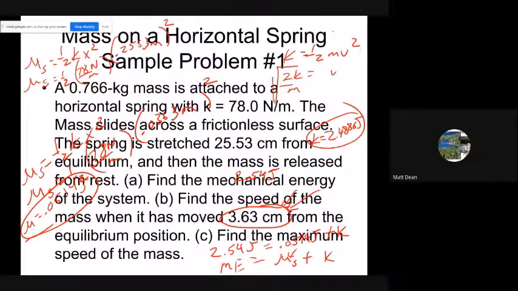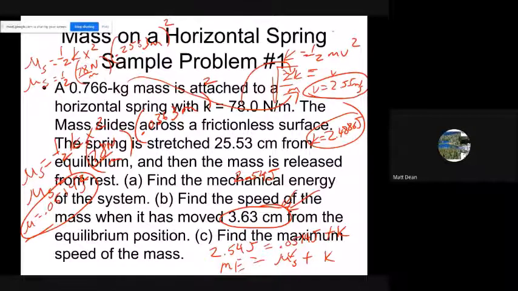When we do that, we end up with a speed of the square root of 2KE over m. We would plug in our 0.766 here for mass, solve that out, and we end up with a speed of 2.55 meters per second. And that's always back toward the equilibrium position.